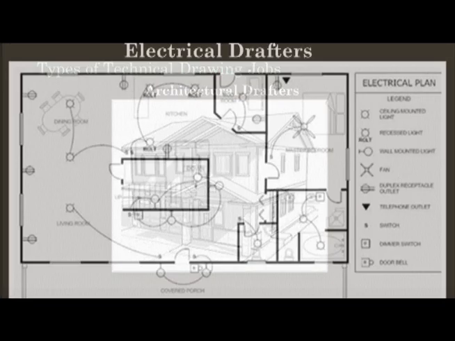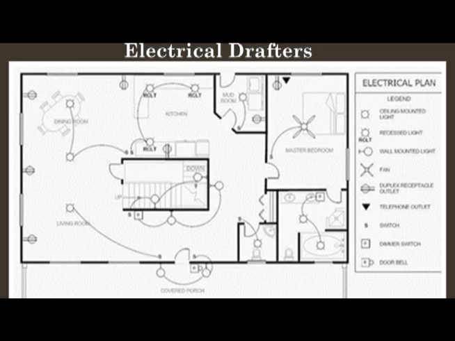Next, the electrical drafters. Electrical drafters create technical drawings of electrical infrastructure that power machinery, home appliances, and power generators. For example, an electrical drafter might create drawings that map the electrical wiring of a refrigerator, which the manufacturer can use to construct the appliance.